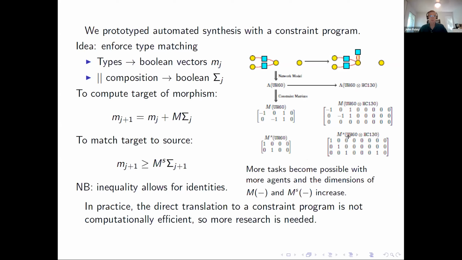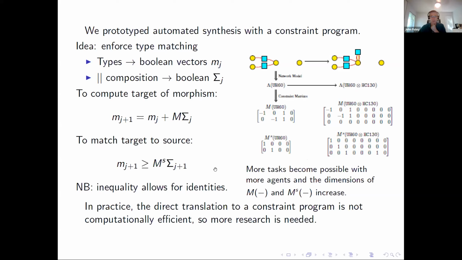And then the relationship between targets and the sources of morphisms is described by an equation, which depends on the primitive morphisms involved. To match sources to targets, which is the requirement to compose morphisms, you have a constraint where there's an inequality that allows for identity morphisms.